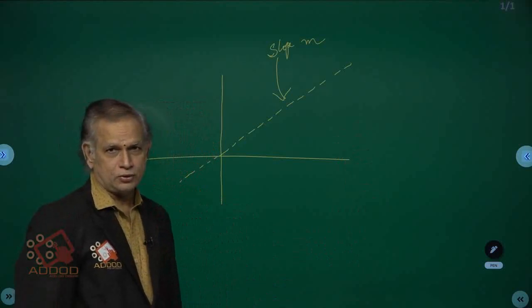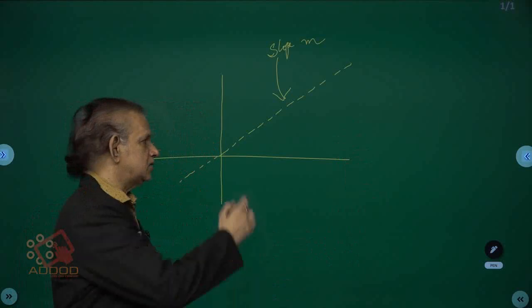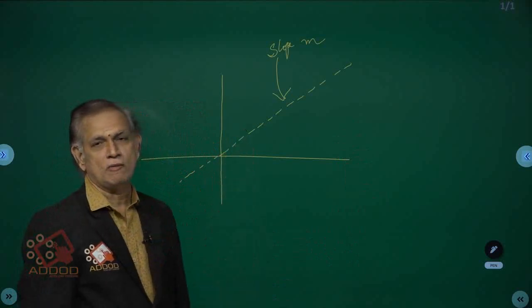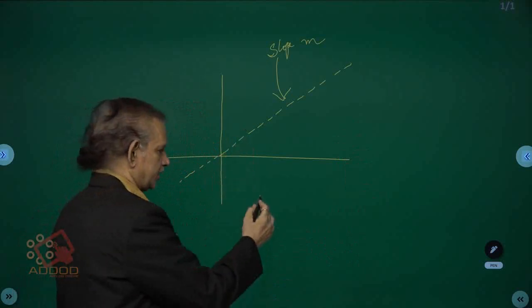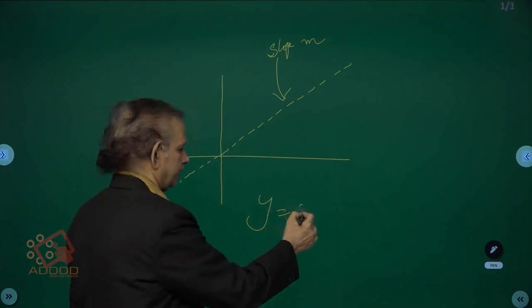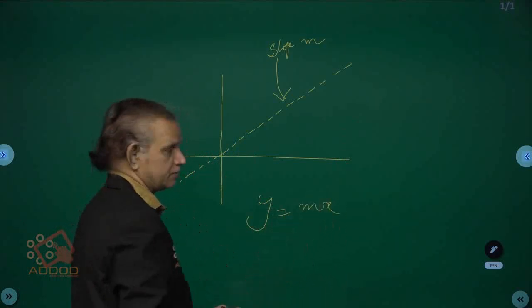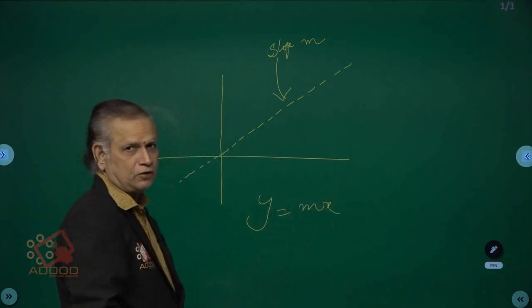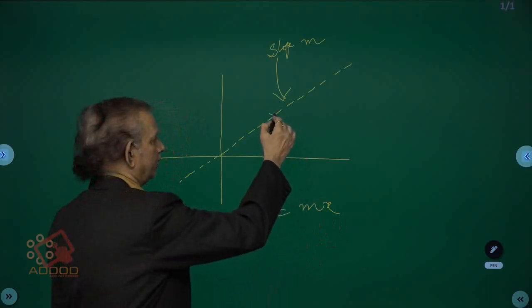We are ready to know the equation of a line passing through the origin having slope m. Everybody knows it. You need not prove it. y equals mx is the equation of the line. Even if you want the proof, you take a point, say (x, y).